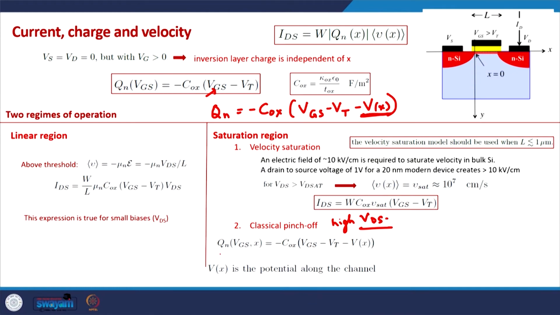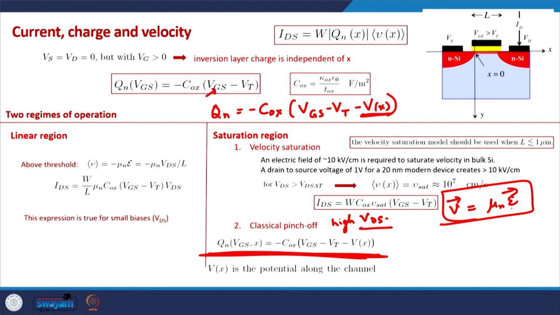So, this will be the charge, and what would be the velocity? The velocity will be derived in long channel MOSFET using this electric field.